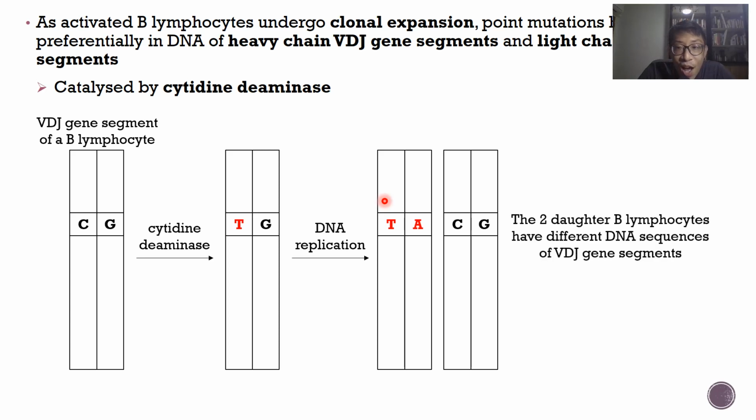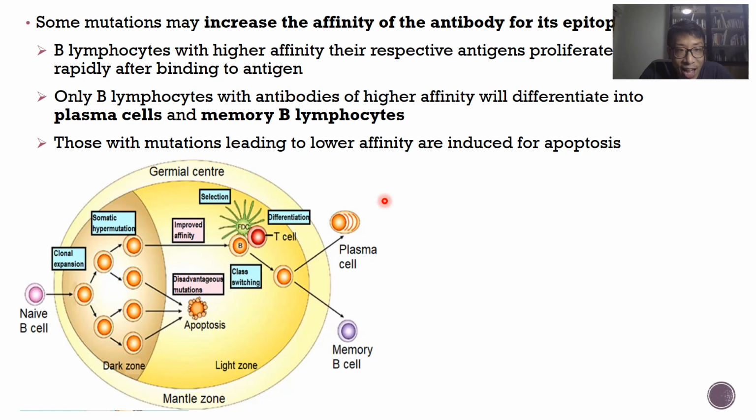Okay, so among this group of B cells that arise from clonal expansion, some of them may produce antibodies that have a slight change to the antigen binding site, which makes it more specific, which increases the affinity of the antibody binding to the epitope or to the antigen.